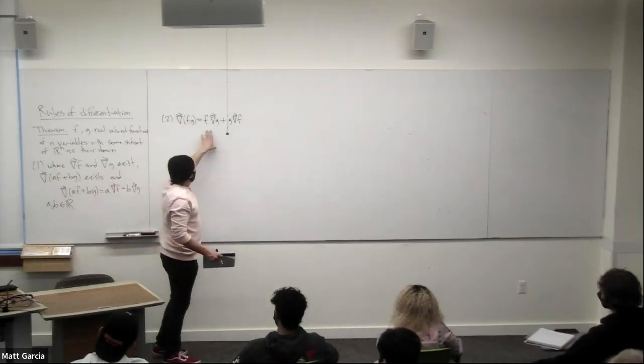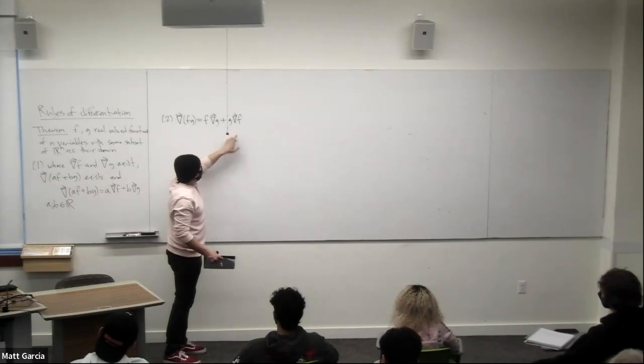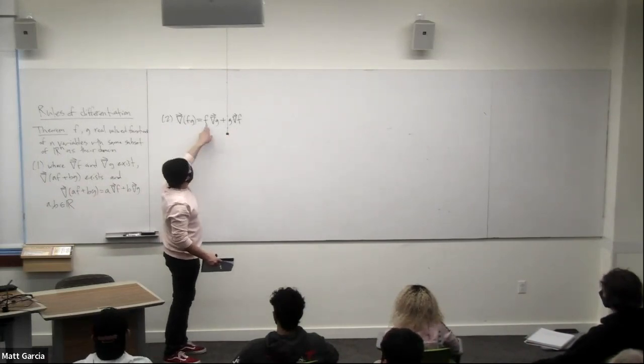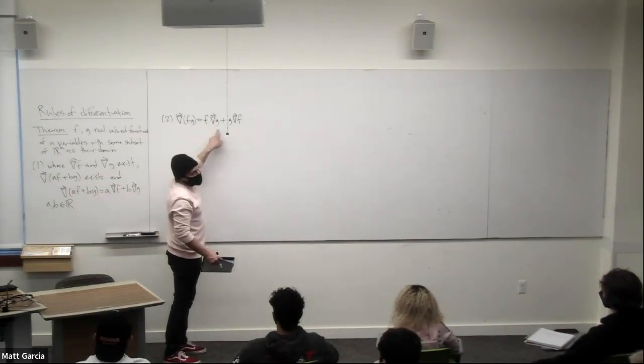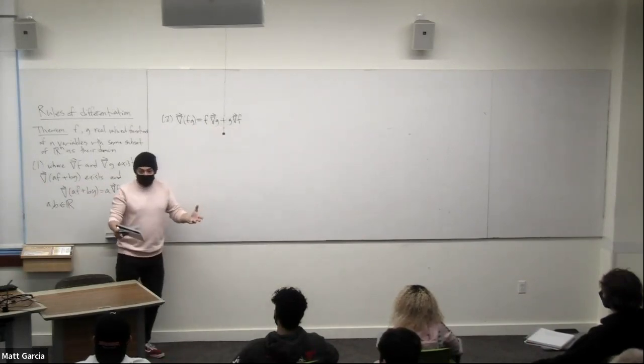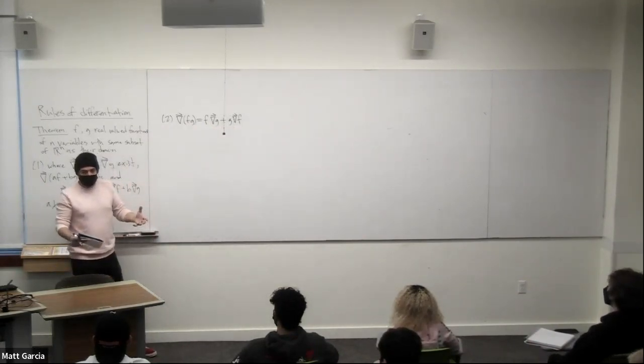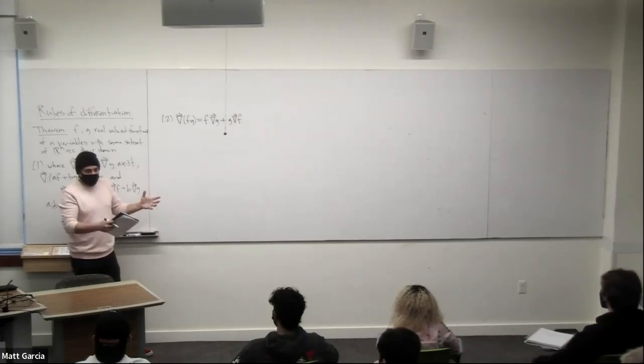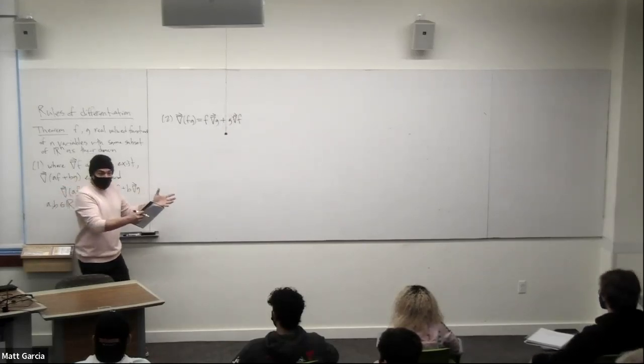And on the right-hand side, we have a scalar function times a vector valued function. We add them together, we get a vector valued function. Just making sure that all the dimensions work out here.